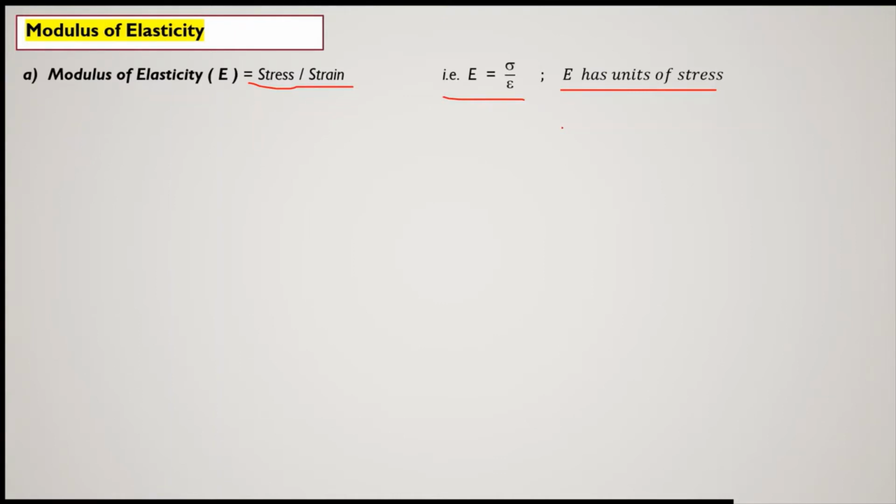Now let us take a simple example of a steel wire. If you have a steel wire and you apply some tensile force on the wire, then you will see that there will be some elongation in the length of the wire. That means the longitudinal dimension will be elongated.